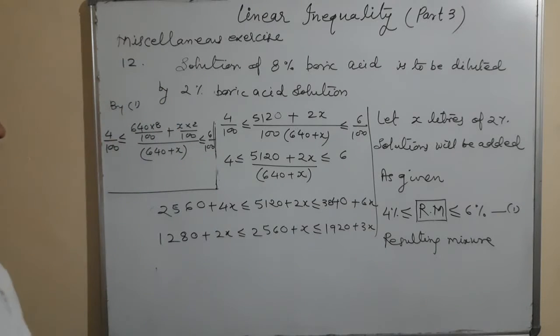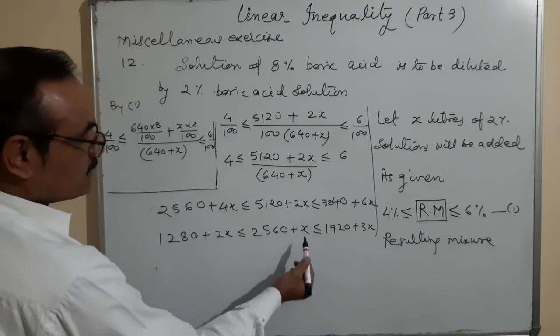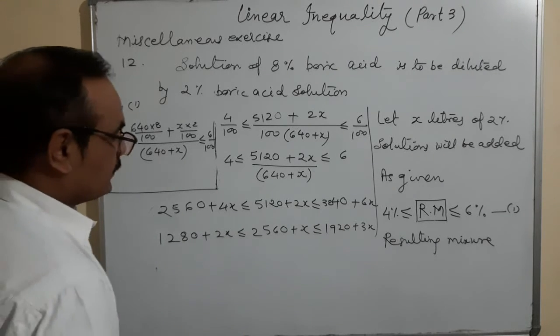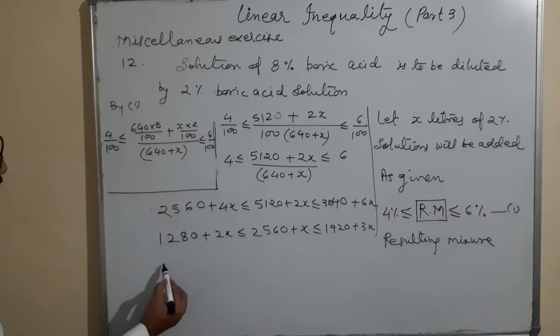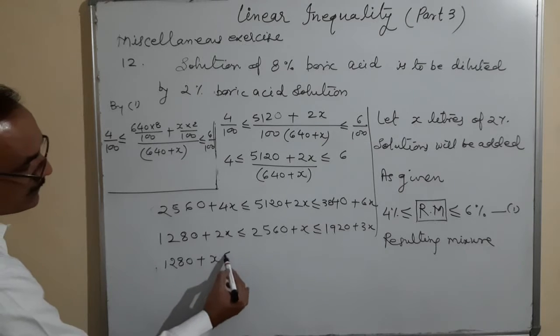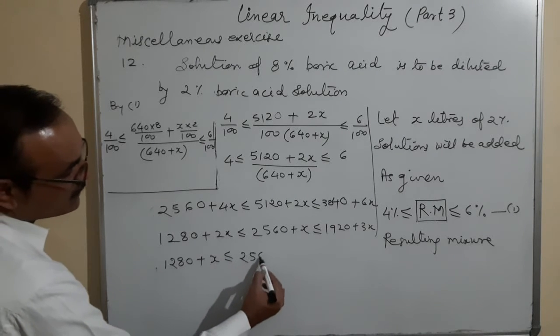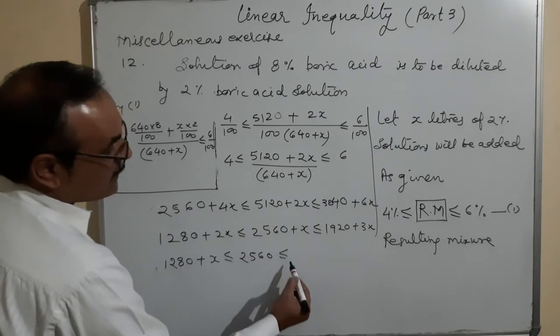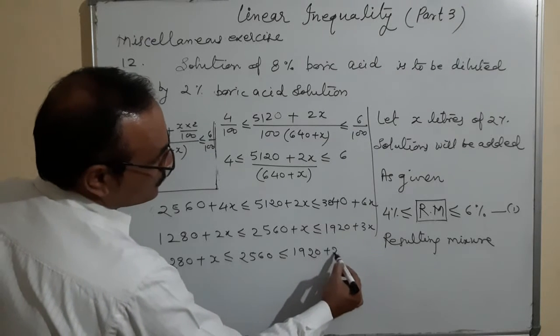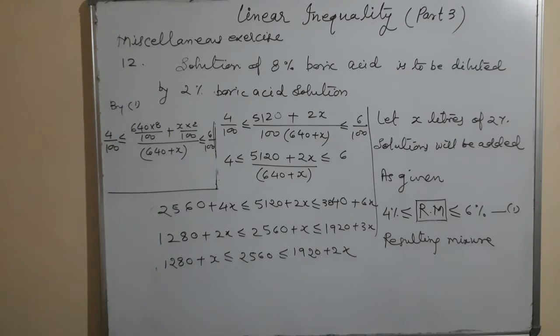It's okay. And after that, this is x, so we'll subtract x from both sides. Then what happens? 1280 plus x is less or equal to 2560 is less or equal to 1920 plus 2x. Is it okay? Now what should be done?